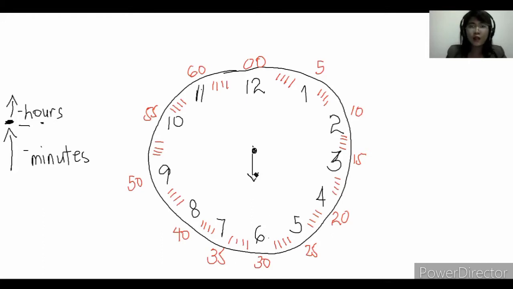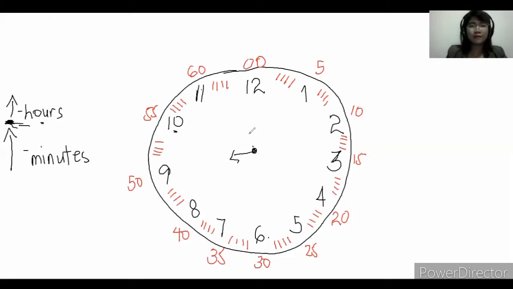When the short hand points to number 2, you will say 2. When the short hand points to number 10, you will say 10. And when the short hand points to number 9, you will say 9. Okay?